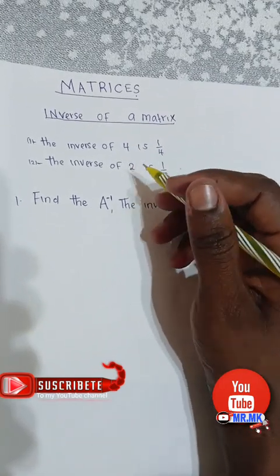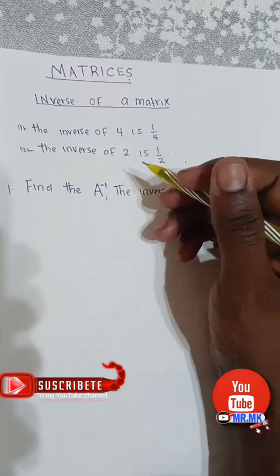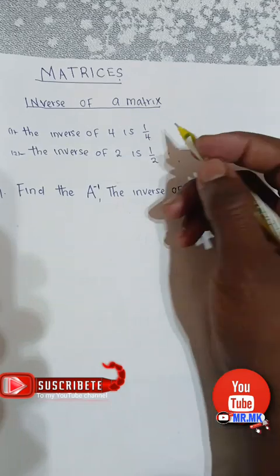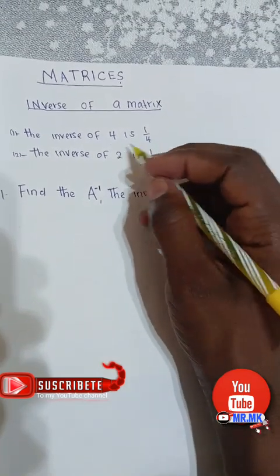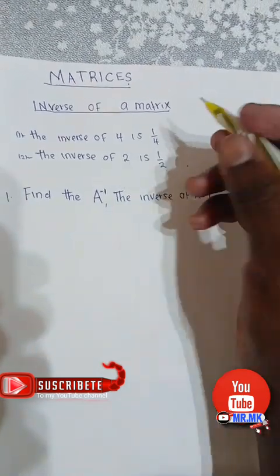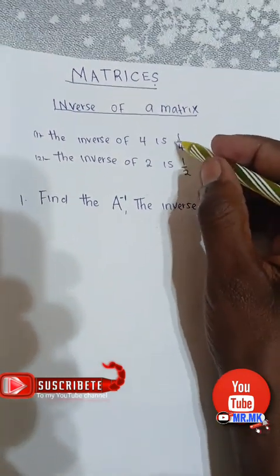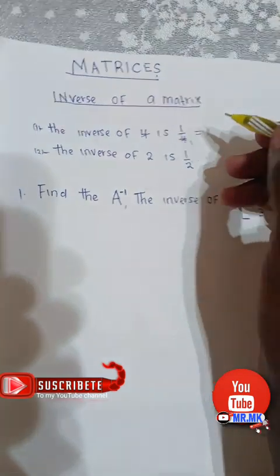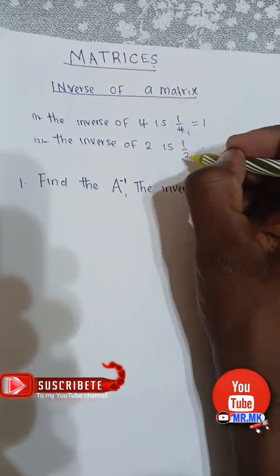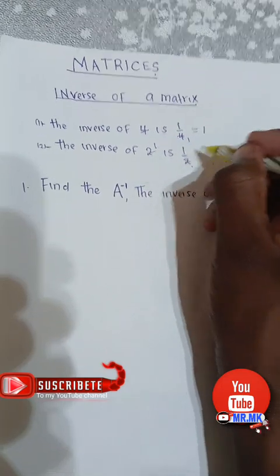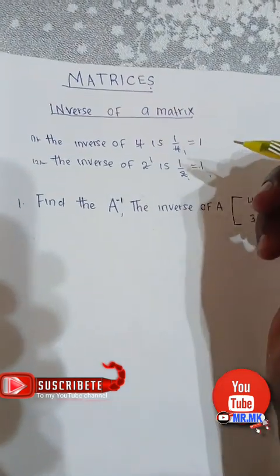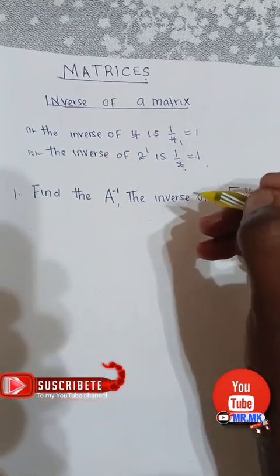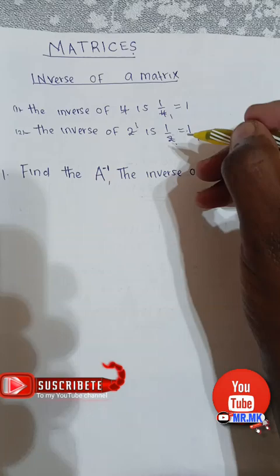And anything multiplied by its inverse always gives you 1. 4 multiplied by 1 over 4 is 4 over 4, which is 1. 2 times a half is 2 over 2, which is 1. One thing you need to know is that anything multiplied by its inverse always gives you 1.